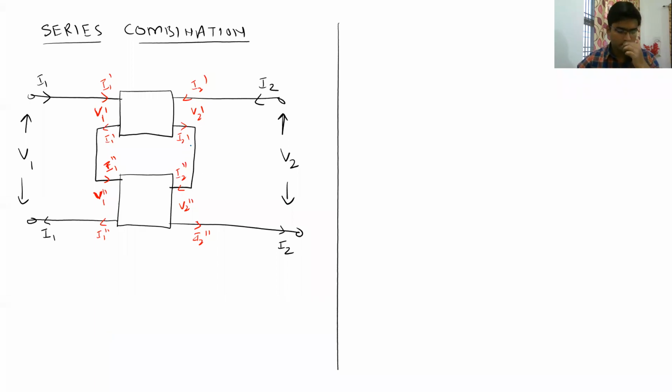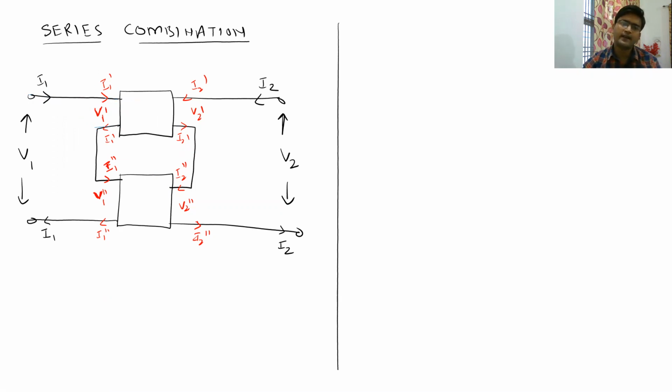Now let us look at series combination of two-port networks. You may have a feeling that these two networks are in parallel, but they are actually not, because if you see the input side, you see that this current I1 is entering this first network, and obviously whatever the current will enter, it has to come out from the other terminal of the same port also.